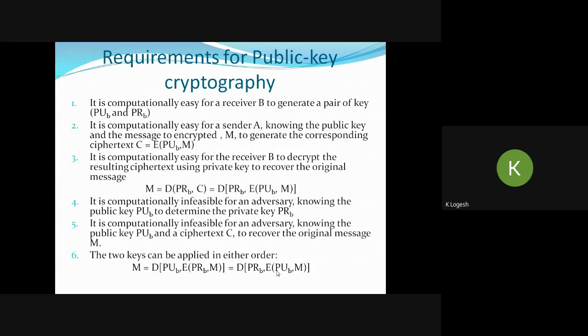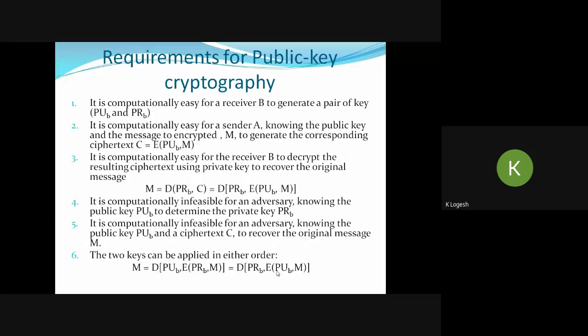So in the first point, receiver B generates a pair of keys: PUB is the public key of B, and PRB is B's private key. So the first requirement is that each and everyone, or the receiver, should generate their own private key and public key.